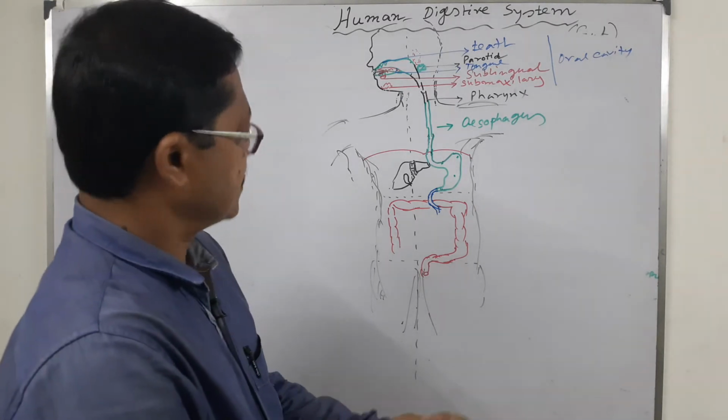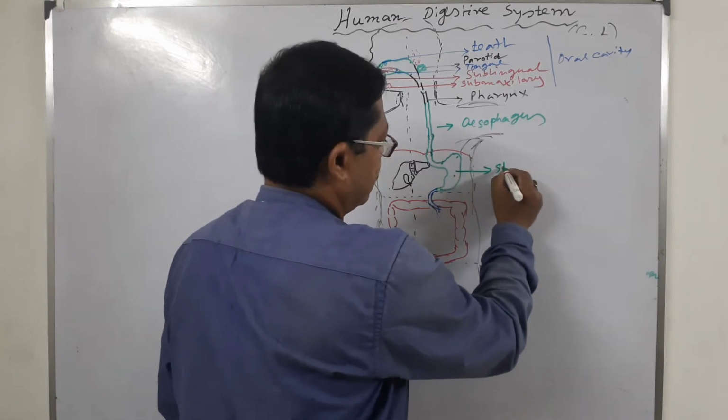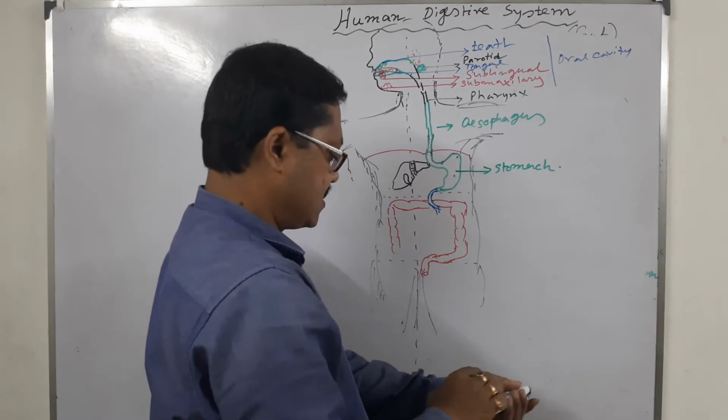So several parts are drawn. This is the stomach. This is the liver.